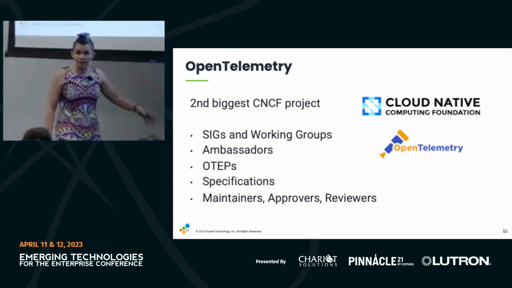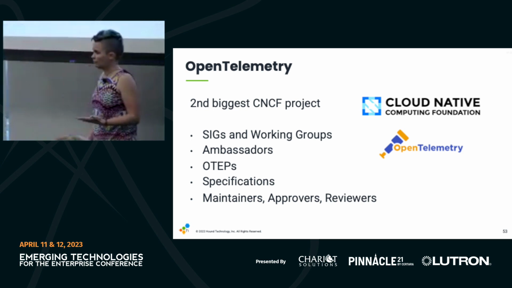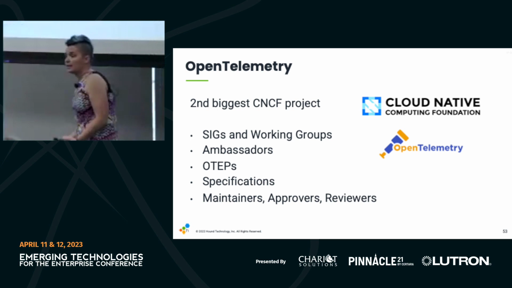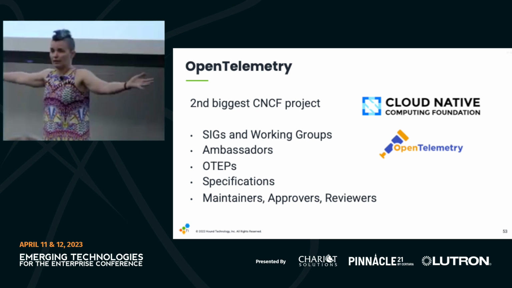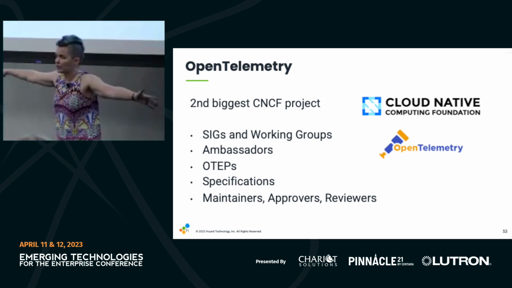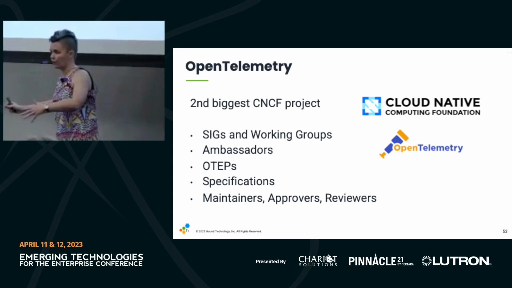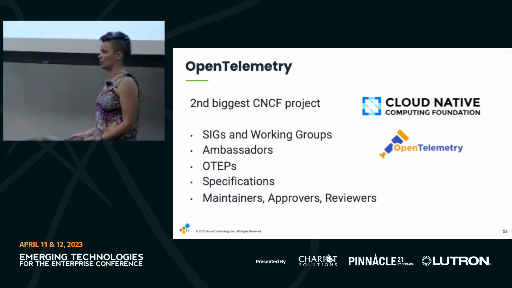There are hundreds and hundreds of people, probably thousands by now, involved in this. Officially, I'm sure there are thousands of contributors. And this is necessary because we need really wide compatibility. We need all of the services to participate. So we need all the languages and all the standard frameworks to be able to participate in this. So it had to be open source.